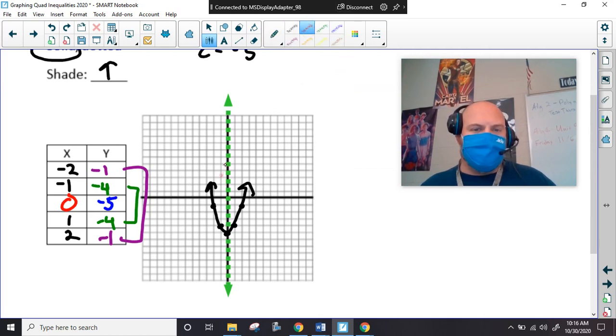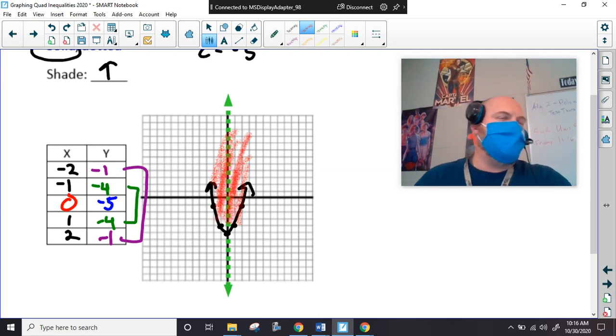Your shading is going to kind of look like this, where it's kind of in front, or it looks like a volcano erupting or something like that.